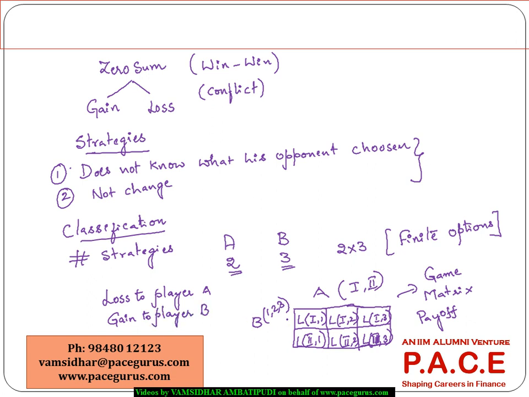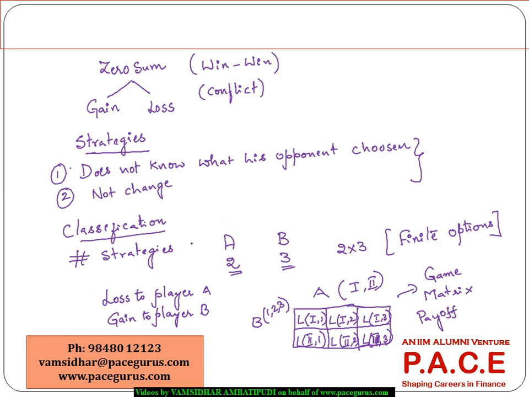Whatever is the loss to player A. So whatever is the number that is shown, that's actually the loss to player A, and the same number is the gain to player B.